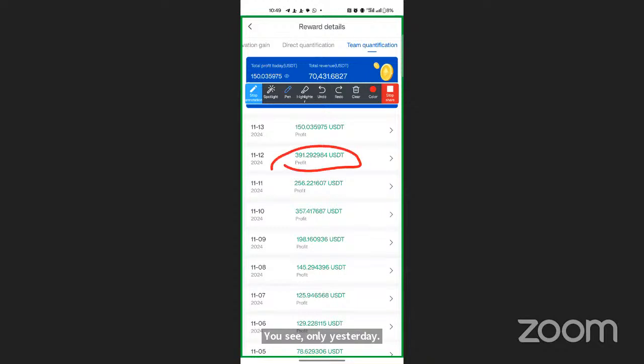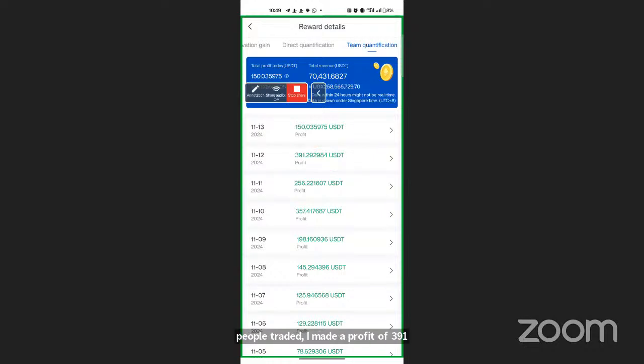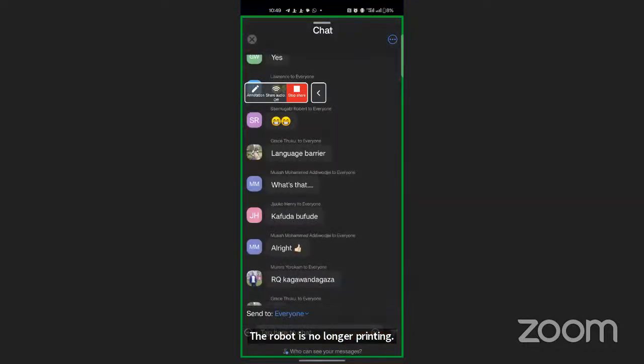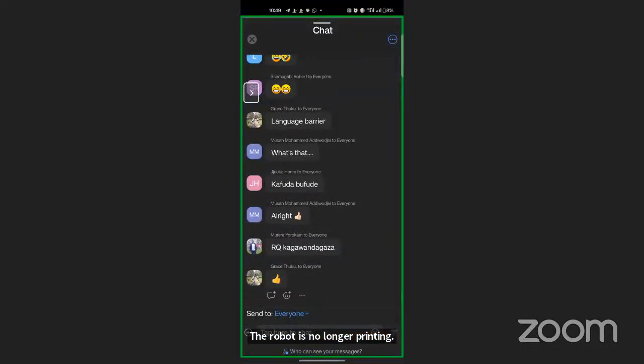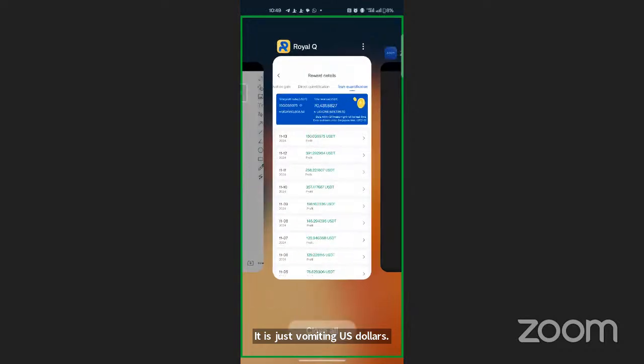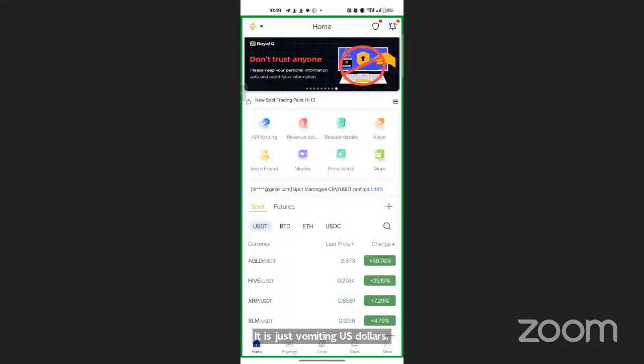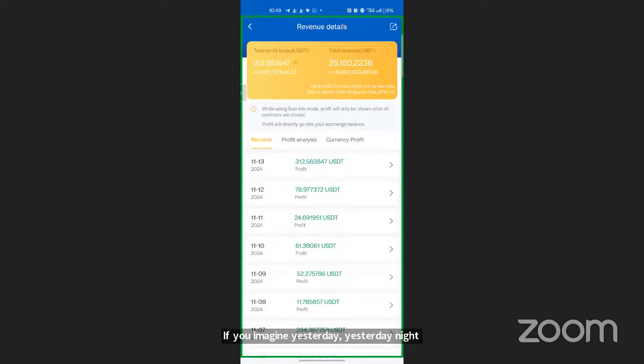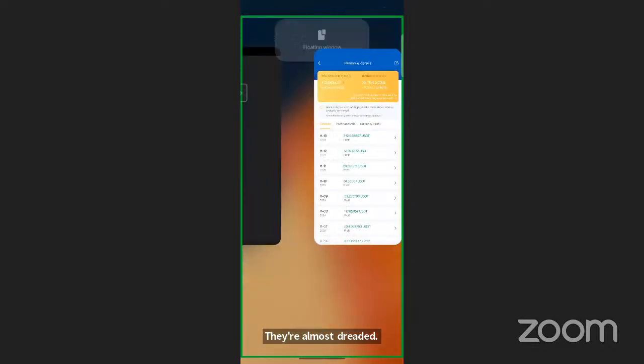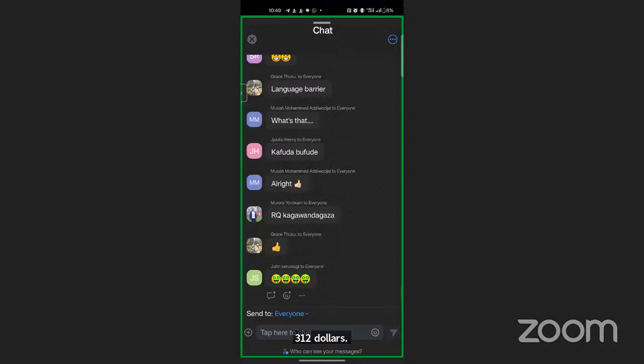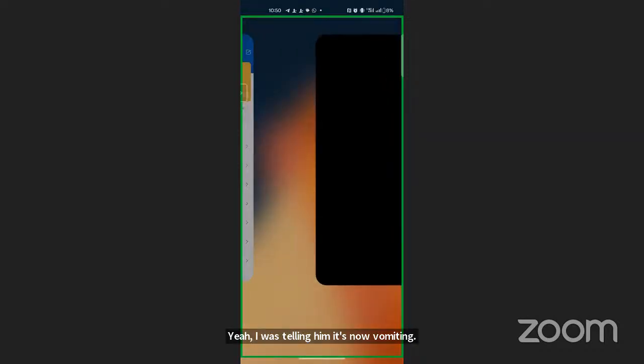I made a profit of 391. The robot is no longer printing. It is just vomiting US dollars. Imagine yesterday, just night, the robot traded $312. The robot now is no longer printing, it is just vomiting. So that's what I was telling him. Yeah, I was telling him it's now vomiting. So he needs to buy it as quick as possible. Yes, yes.